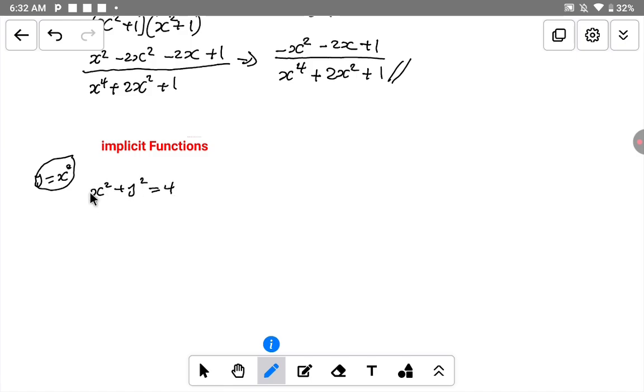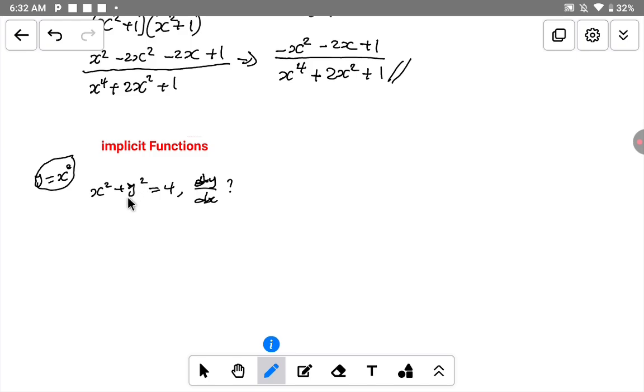Unlike the previous ones, where we were solving products, this one is not like that. Here we differentiate both x and y at the same time, not like before where we differentiated only x. The question asks us to find dy/dx of this expression. This kind of expression is called an implicit function.